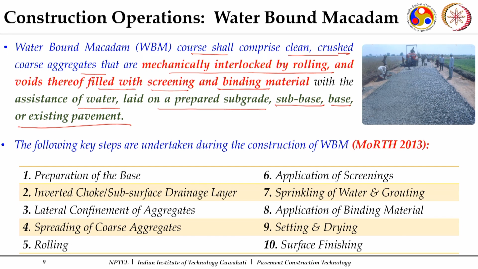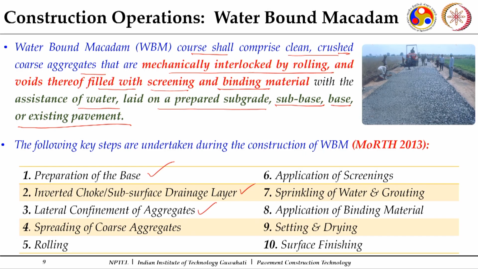Now, what are the key steps which are involved specifically in the water-bound macadam construction? First is the preparation of the base, which may be your subgrade top or your granular sub-base course. Then preparation of a drainage course, specifically depending upon if it is laid over a prepared subgrade directly. Lateral confinement of aggregates, coarse aggregates are laid and compacted.